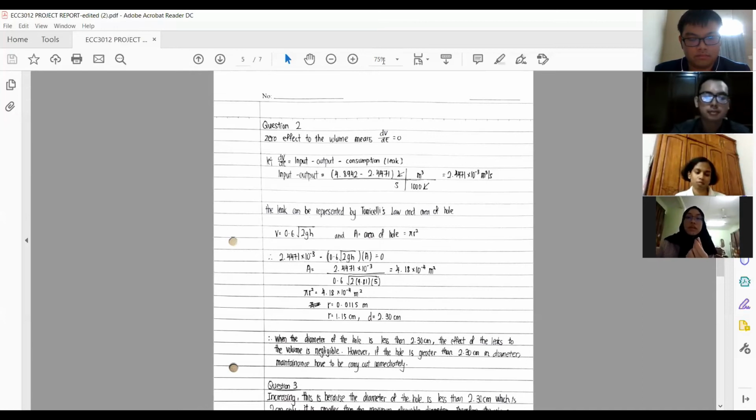So when the diameter of the hole is smaller than 2.30 centimeter, the effect of the leak to the volume is negligible.